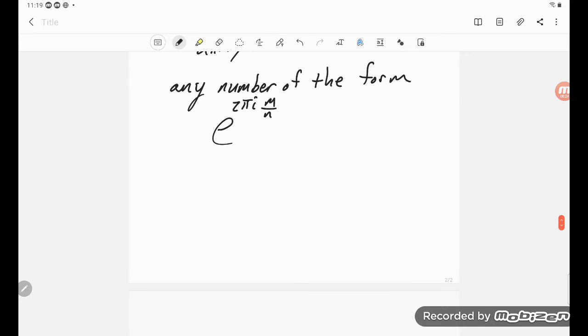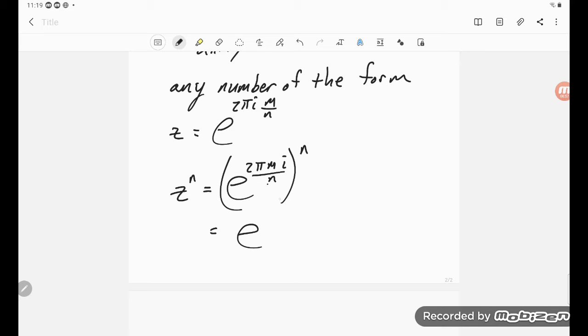And the idea is, notice that if I make that z, if I raise z to the n, I get e to the 2 pi m i all over n, to the n, but the n's now cancel using properties of exponents.